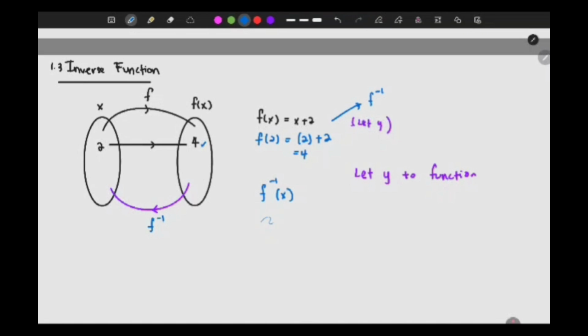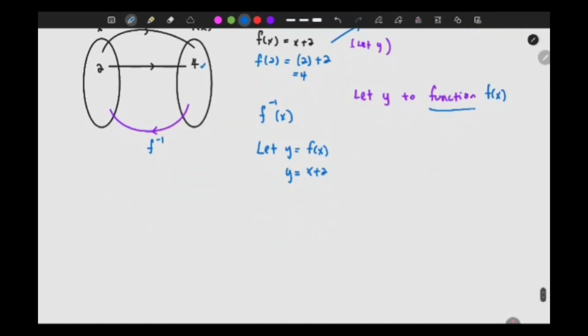So fx is what? x plus 2. And don't forget this. This is the first thing that you need to know. The next thing is to start with single y and end with single x.